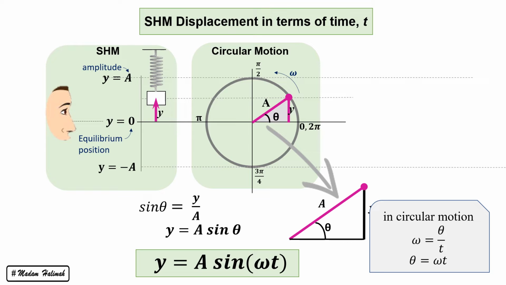So, kita substitute theta into omega t, kita akan dapat persamaan y is equal to A sin omega t, di mana kita telah menerbitkan simple harmonic motion, displacement in terms of time t.